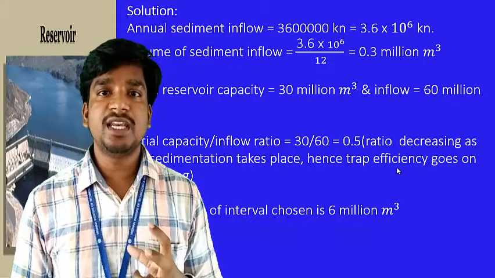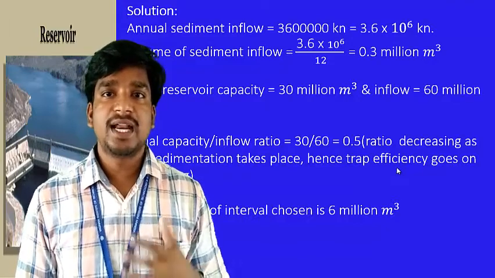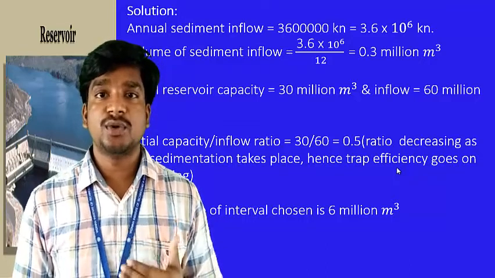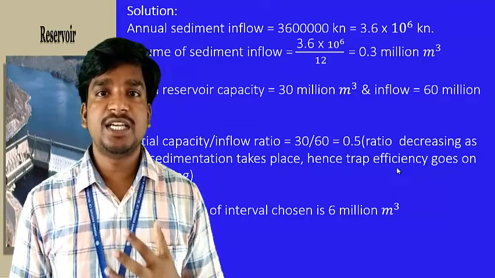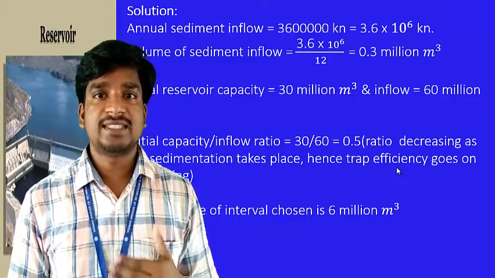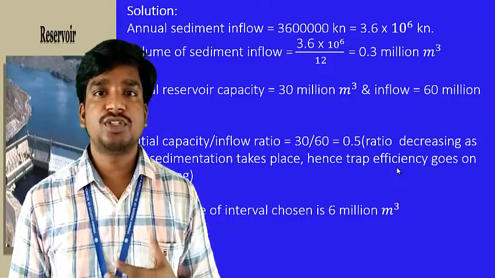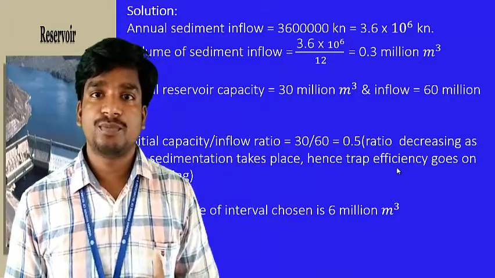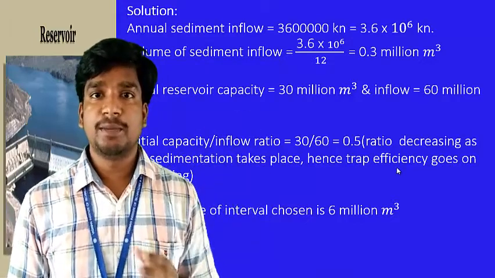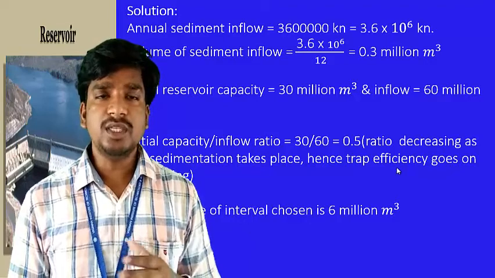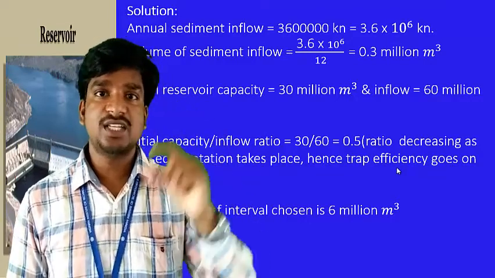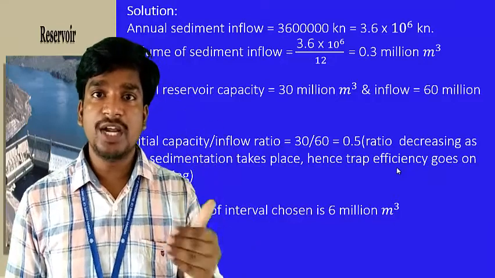Right? Now here one thing we need to observe: as the capacity to inflow ratio decreases, as the sedimentation takes place, the trap efficiency is also simultaneously decreasing. That we have seen in the standard graph, so keep it in mind. Now the volume interval: initially we assume the capacity is 100%, and now we have to reduce capacity.